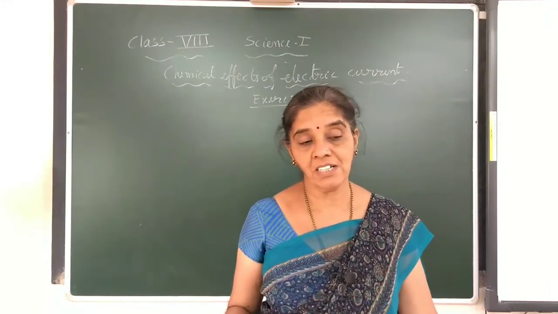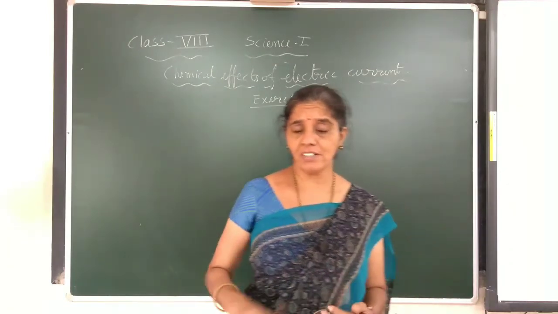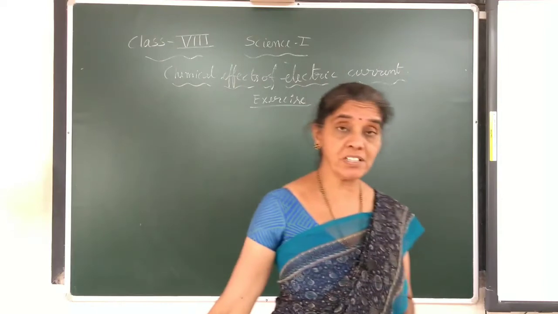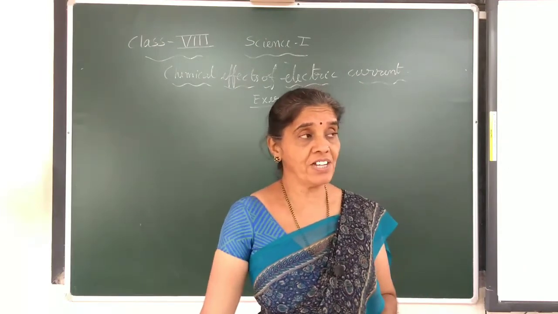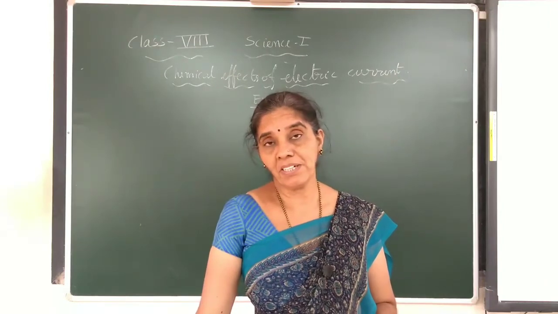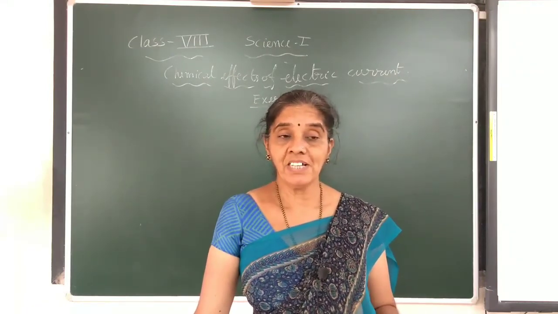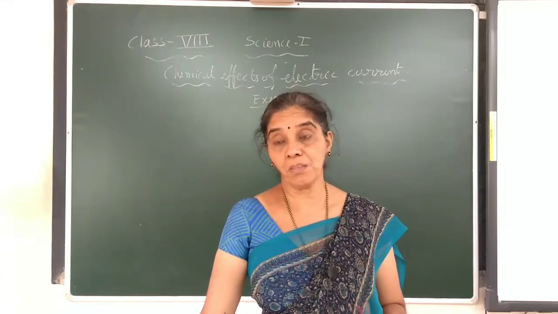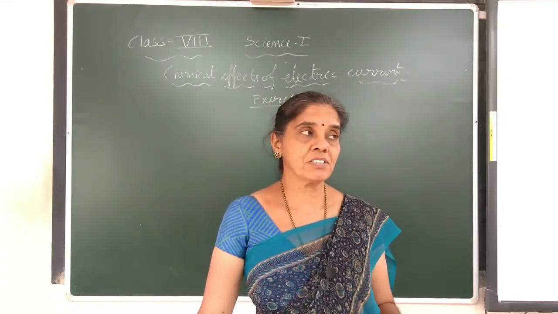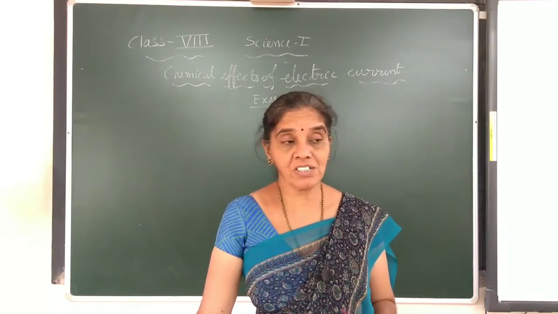And lastly, chromium is very costly, so instead they may use zinc. It is called galvanizing of iron. They coat the zinc surface on the iron material to prevent rusting of iron, especially in bridges, where much iron is needed for a long term.